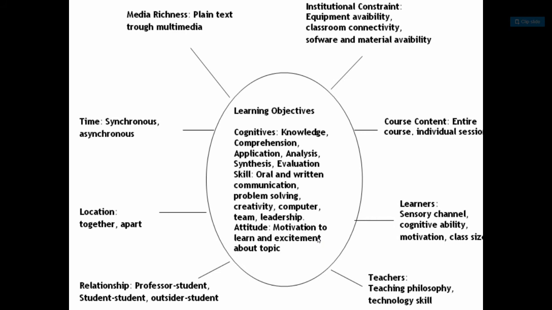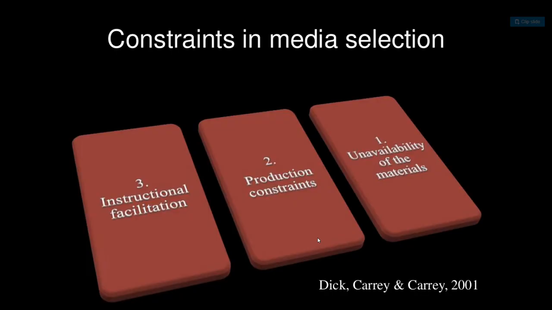Then learner: sensory channel, cognitive ability, motivation, and class size. Teachers: teaching philosophy, technology skills. Then relationship: professor-student, student-student, outsider and student. Then location: together, apart. Time: synchronous and asynchronous. Media richness: plain text through multimedia.